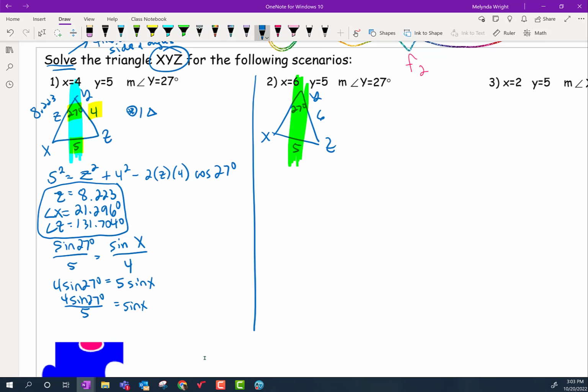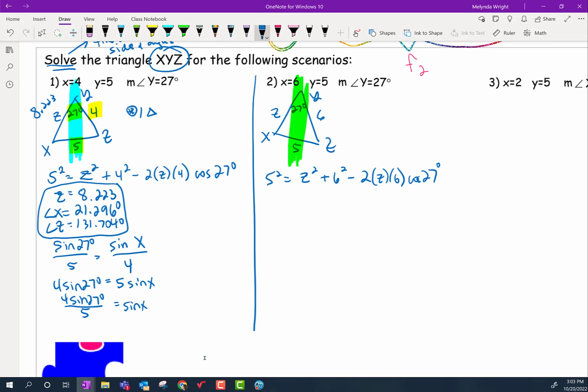That's what we're using as our anchor for our law of cosines. So I have 5 squared equals, and again, I want to find z. Z squared plus 6 squared minus 2 times z times 6 cosine of 27 degrees.